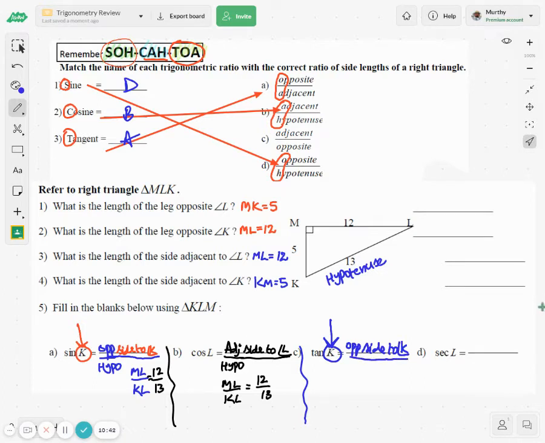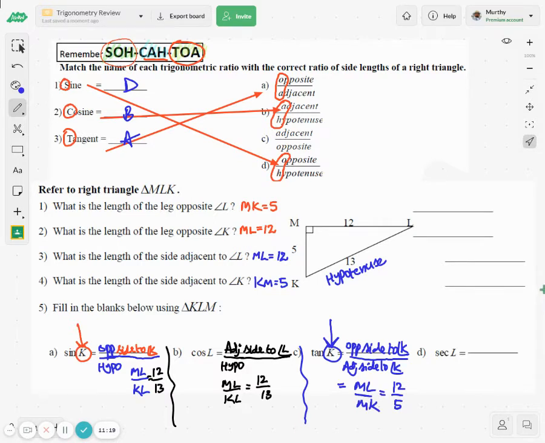So opposite side to angle K over adjacent side to angle K. Opposite side to K is this one, which is 12, and adjacent side to K is this one, which is 5. So that gives me 12 over 5. My bad, I forgot to mention the sides. ML is 12 and 5 is MK.